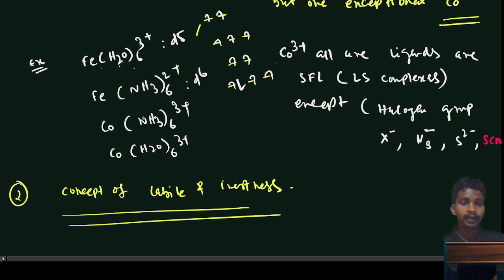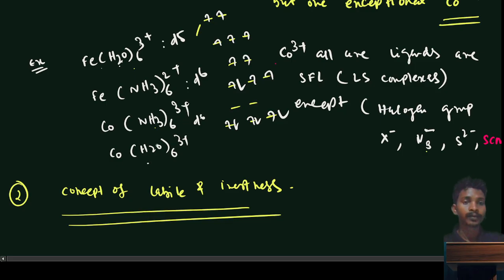Now if we have cobalt NH3, then for cobalt, except halogen groups, that is N3, NH2 and SCN minus, all are strong field ligands. So this comes to be strong field, so this will be 1 2 3. This is d5, sorry, d6. So 4 5 6, this will happen.